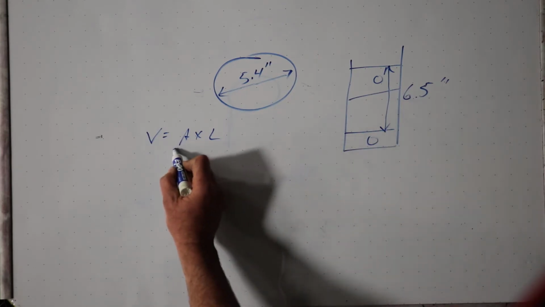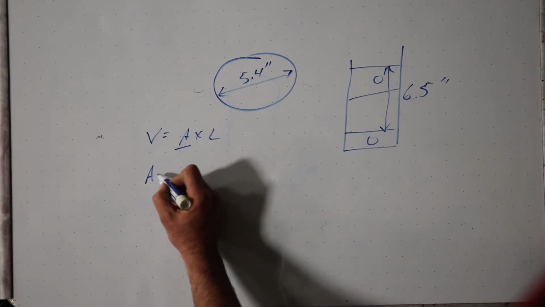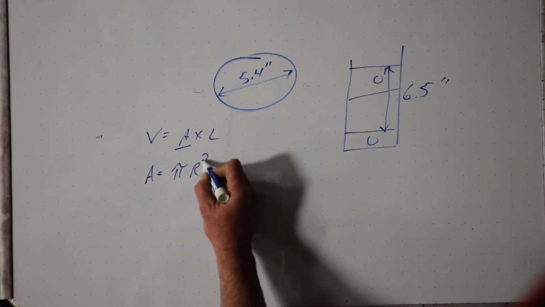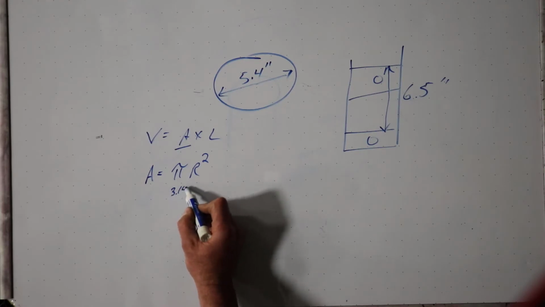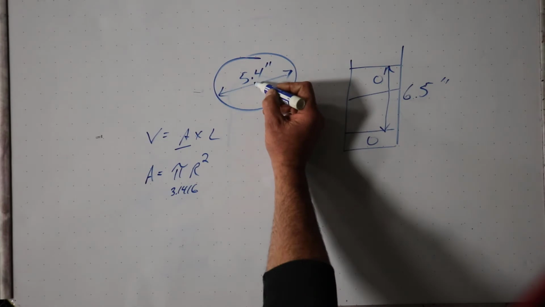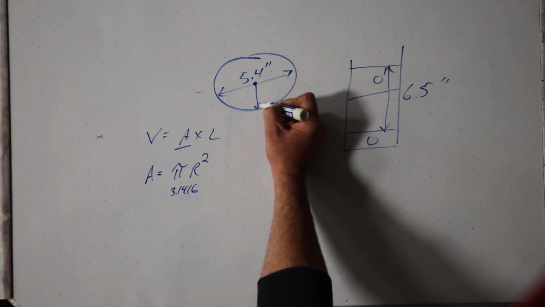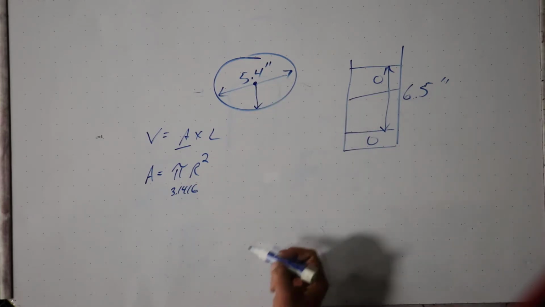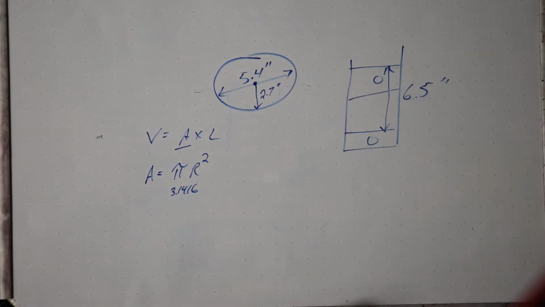Okay, now we need to know how to figure out the area. Another formula, area equals pi r squared. So pi is a constant, 3.1416. R is the radius. The radius is from the center of the circle, the perfect center, to the outside edge of the circle. So in this case, we'd take 5.4 and divide it by 2, and that would equal 2.7 inches.